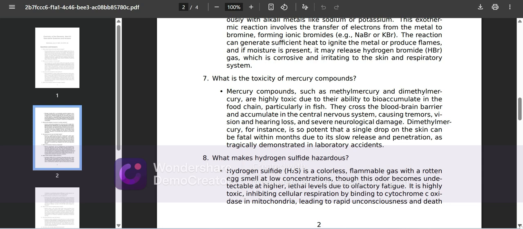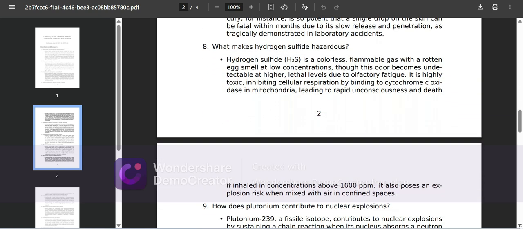Dimethylmercury, for instance, is so potent that a single drop on the skin can be fatal within months due to its slow release and penetration, as tragically demonstrated in laboratory accidents.